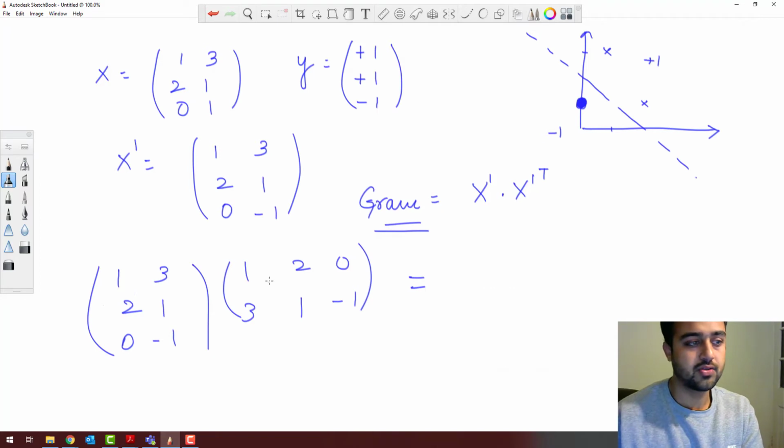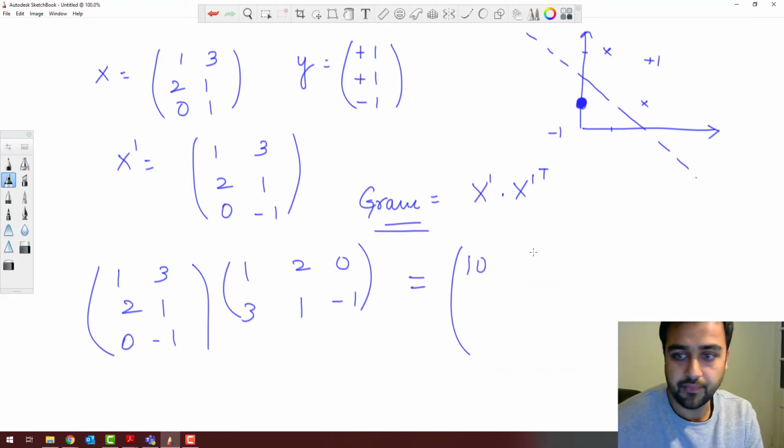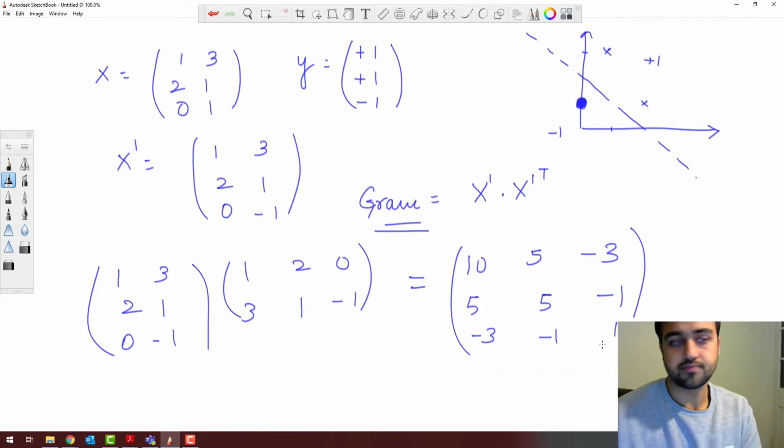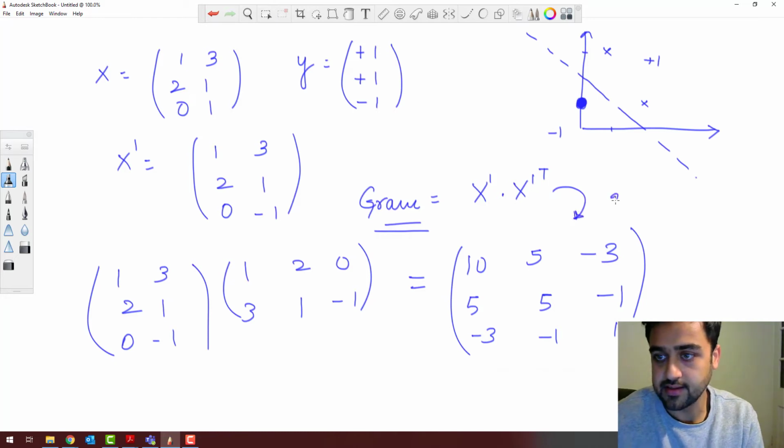If we multiply both of these two matrices, we are left with, I'll just do the calculations, 10, 5, -3, 5, 5, -1, -3, -1, and 1. So this gives us our gram matrix.